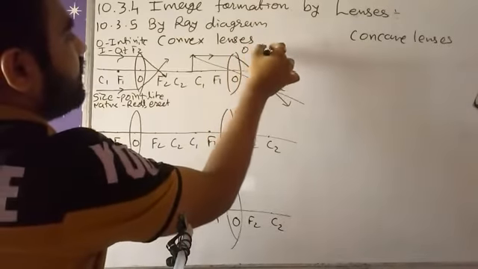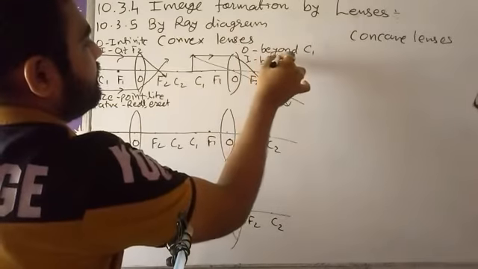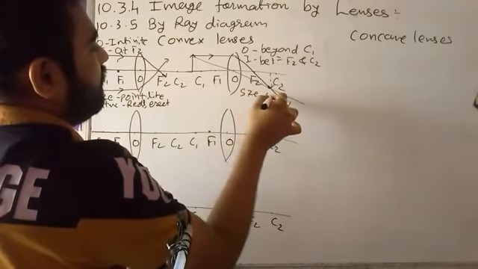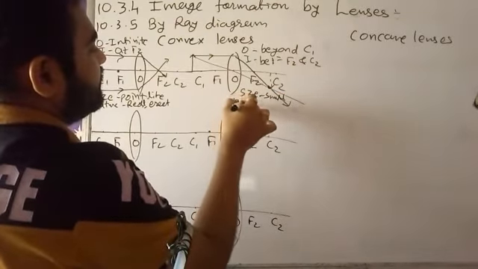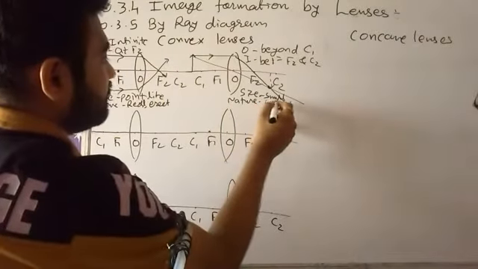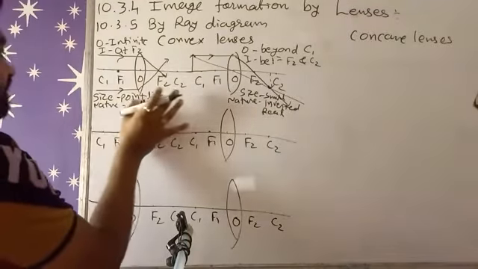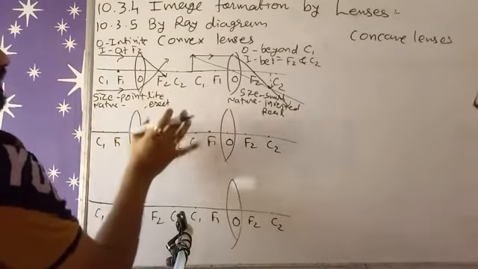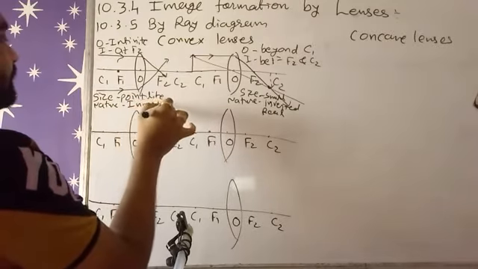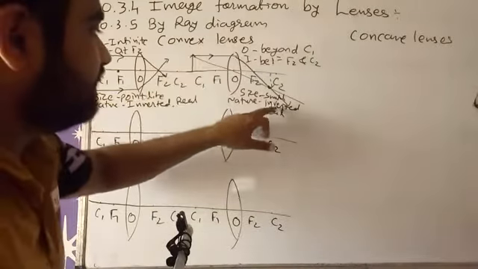Object beyond C1, image between F2 and C2, size small, and nature, by my mistake earlier, is inverted and real, right?